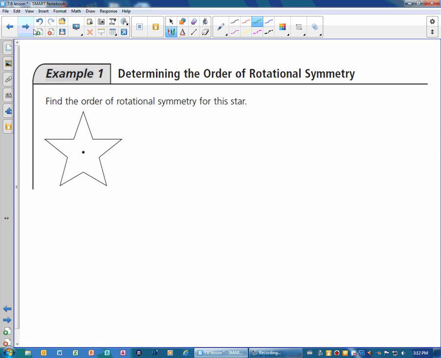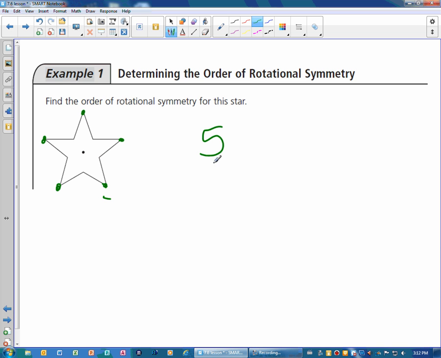So the first example says find the order of rotational symmetry for the star. They've given you a dot here, and if we started here and turned the shape either clockwise or counterclockwise, 1 turn would get us here, 2, 3, 4, 5. So it's a 5-sided shape.